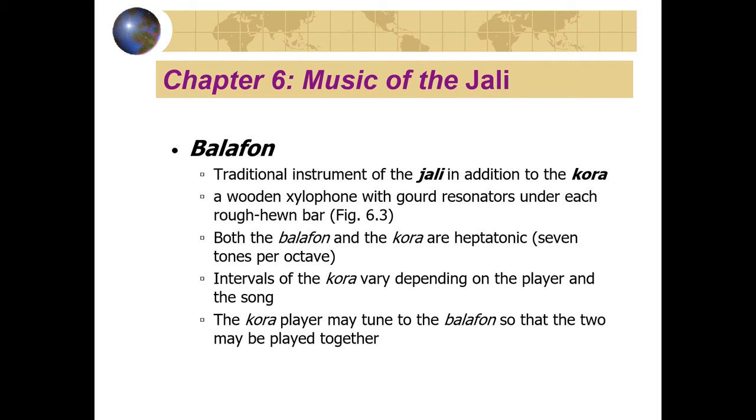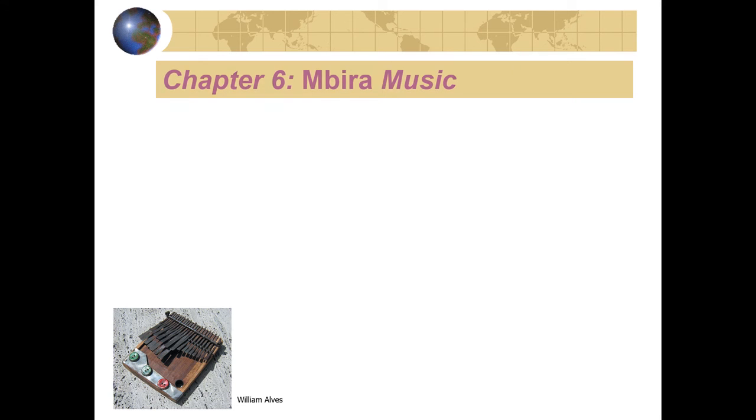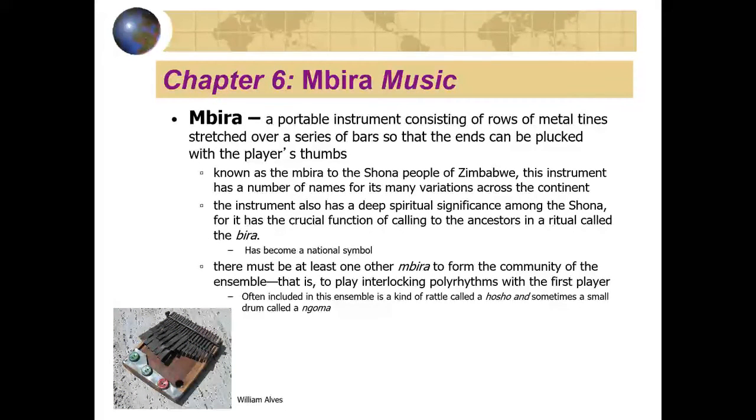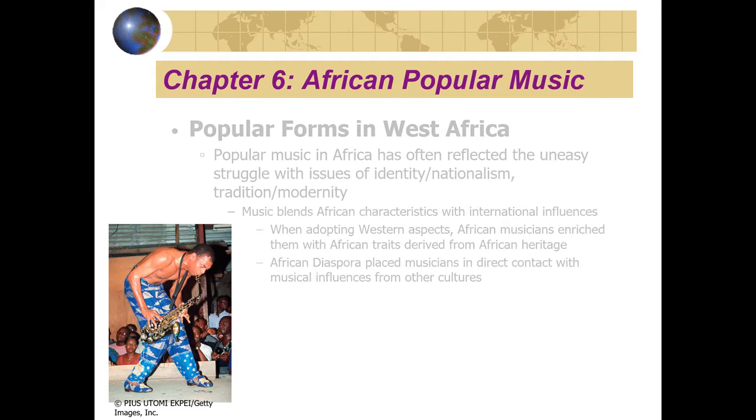And both the balafon and kora use 7-note scales, or heptatonic scales. So they're not the same scale patterns that we would use in European music. And then we have the mbira, or thumb piano, and this is an instrument that we've heard a lot of. As a matter of fact, the picture of that one is one that I linked to earlier in this slideshow.